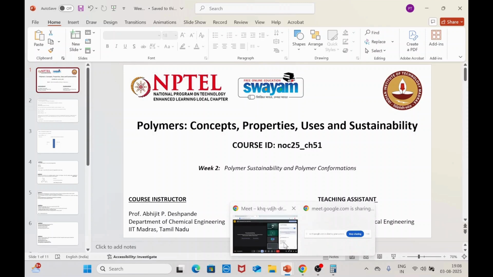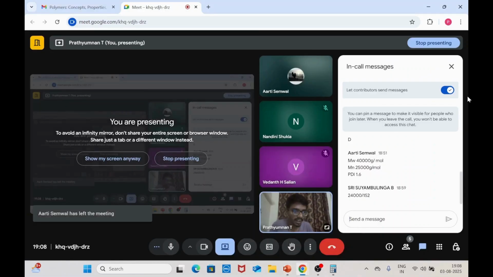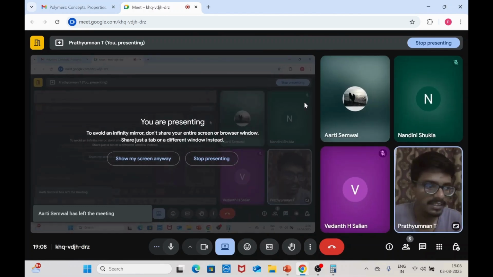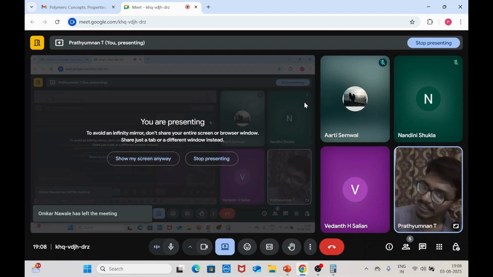And regarding that question, somebody asked what is the value of R in that F C by RT? That should be the universal gas constant.